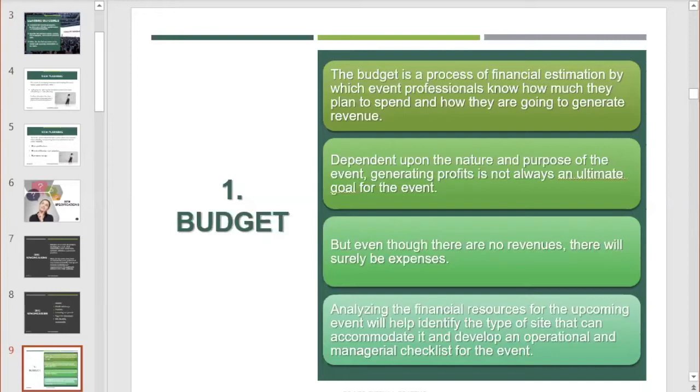So you have to make sure that whatever decision you make is within the confines of the budget or the financial resources you have to spend. The same applies for the site or the location where you are going to host the event. So you need to identify the type of sites that can accommodate your financial resources, and then develop an appropriate operational and managerial checklist to be able to host the event in that space that you end up with.